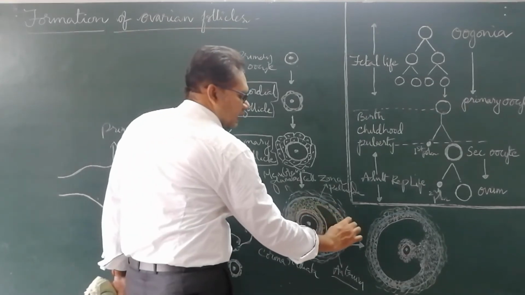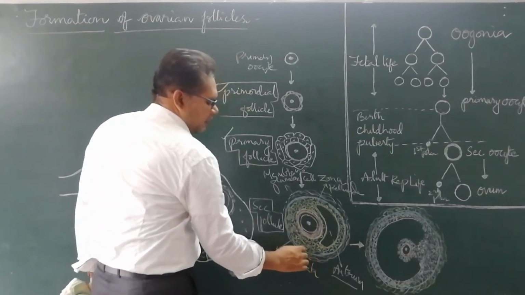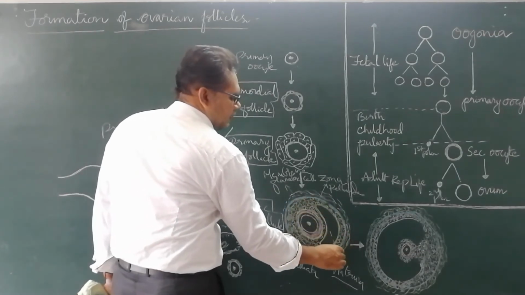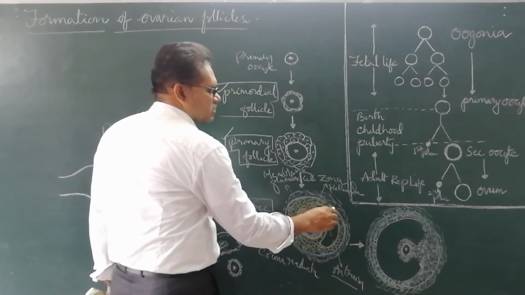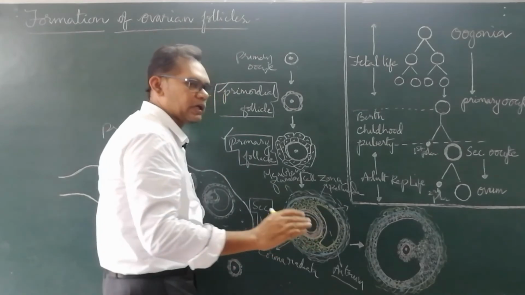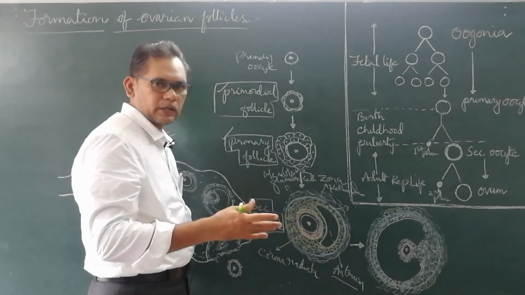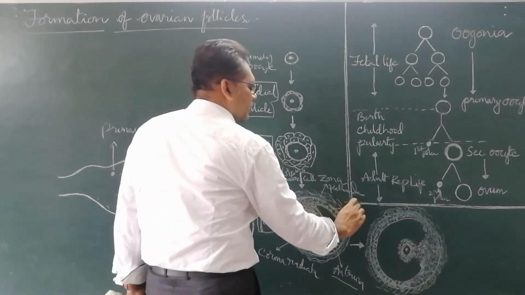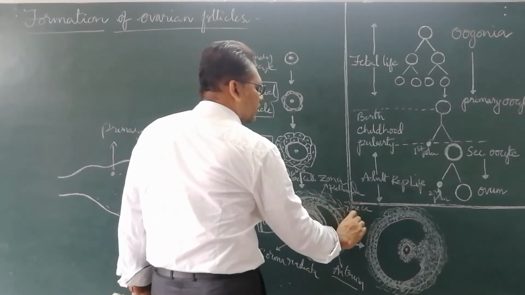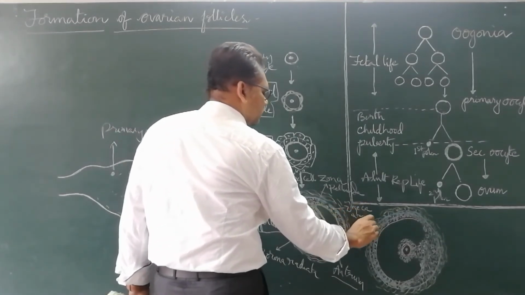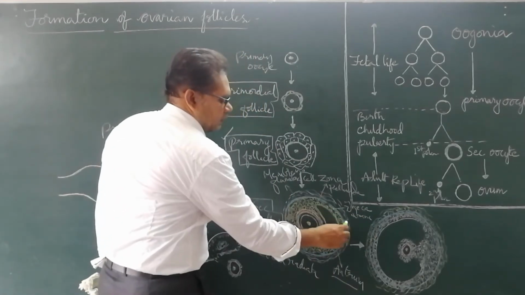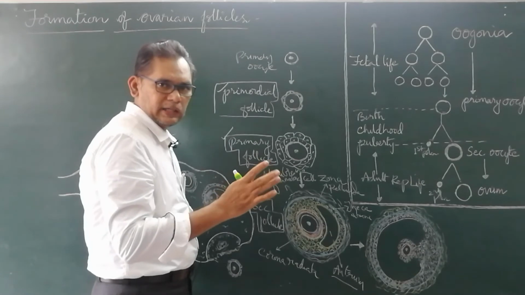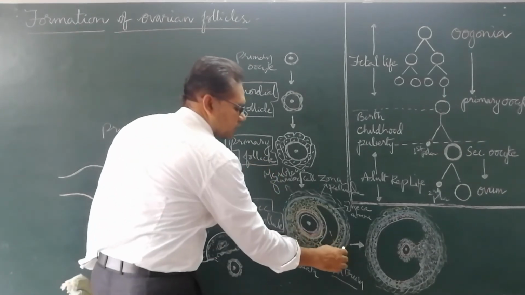Then the membrana granulosa cells outside form a membrane. This is called the theca interna. Theca means a layer, and interna means towards the inside. Then in the ovarian cortex, another layer develops.